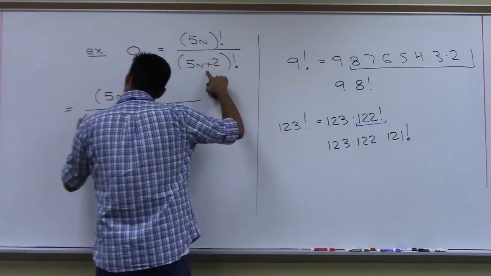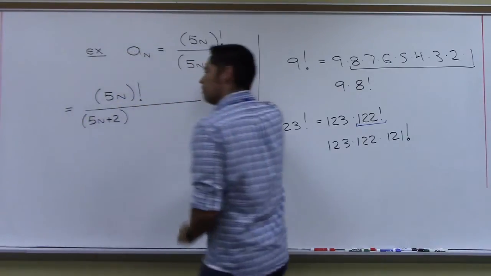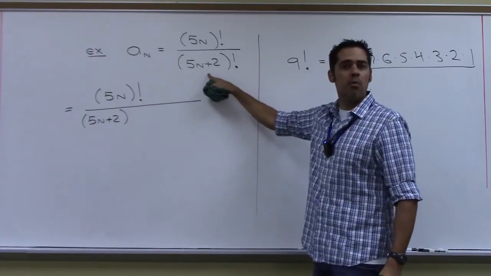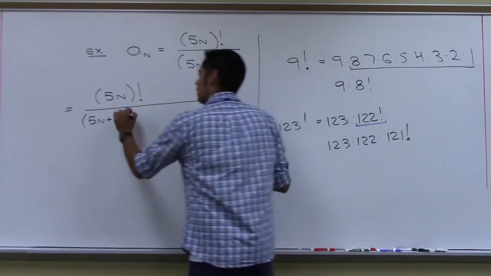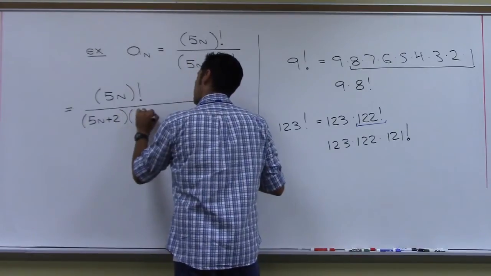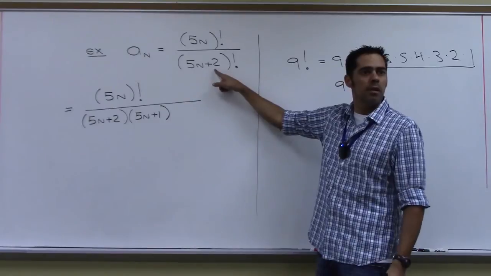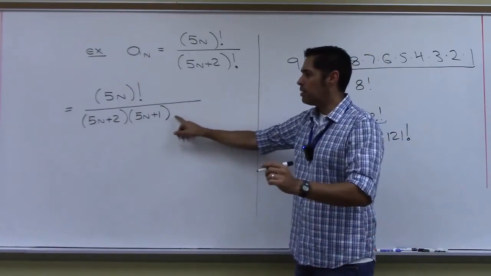This is 5n plus 2. And then the next one should be this take away 1, right? Which would be 5n plus 1. Isn't that what happens when you take 1 away from that? And then factorial.